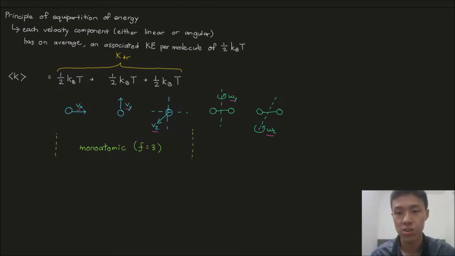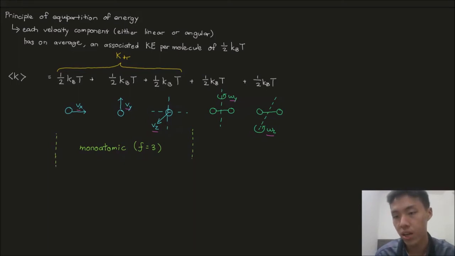So you add on half kBT plus half kBT, and this 2 half kBT is due to the rotation of diatomic molecules. This is contributed by the properties of it being diatomic.